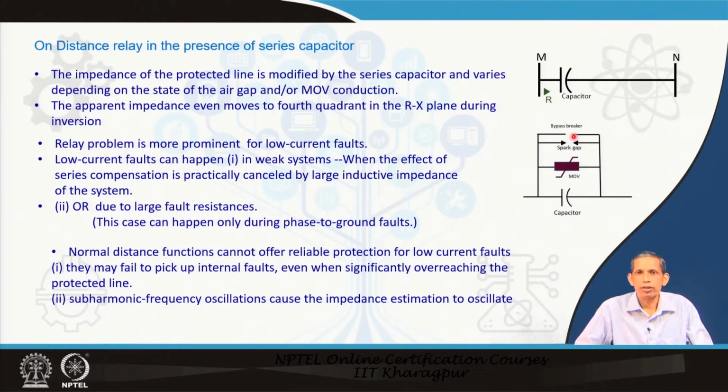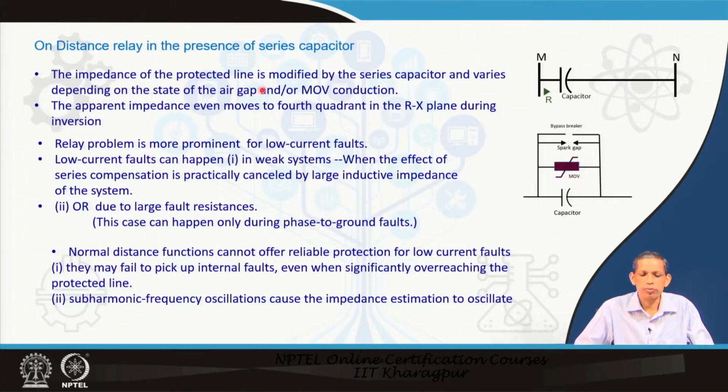When the capacitor is there in the fault loop, one impedance is seen by the relay. When the capacitor is not there in the fault loop due to the bypassing provision by the MOV and the air gap, the fault loop does not have the capacitor and it will behave just like the normal transmission line. With these situations, we will have some discussion and then we will go to further details.